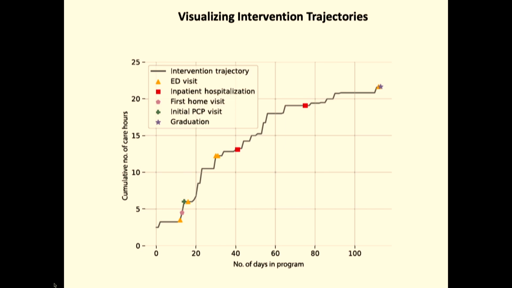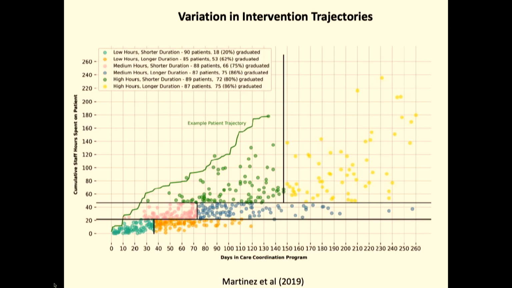You can do this for every individual, and we did this for 531 individuals, which we published in 2019. What you see here is essentially the same thing: days since the intervention began, and here the cumulative care team hours.